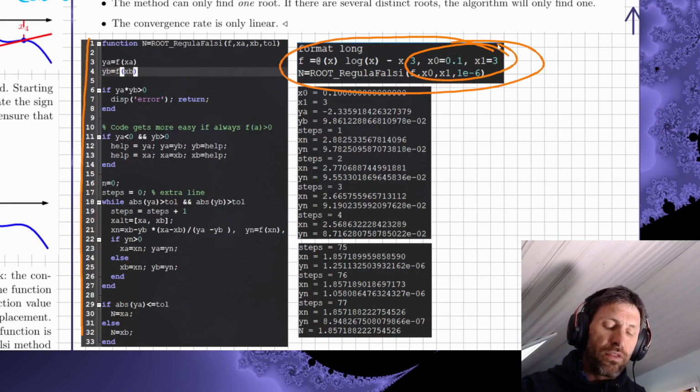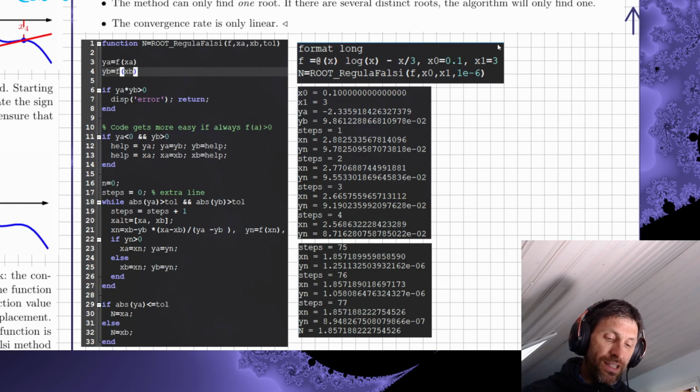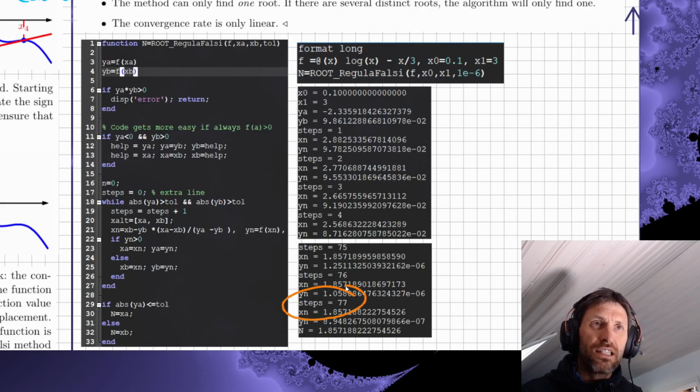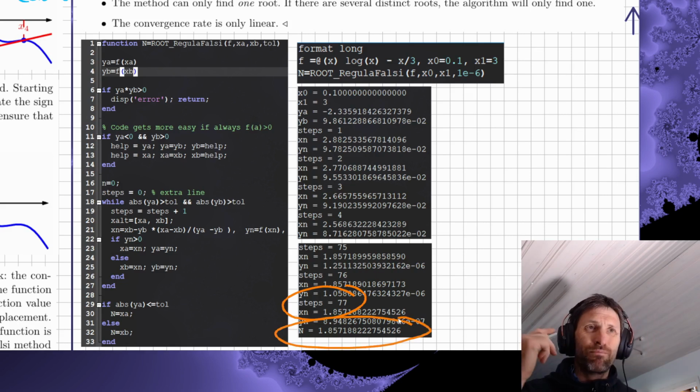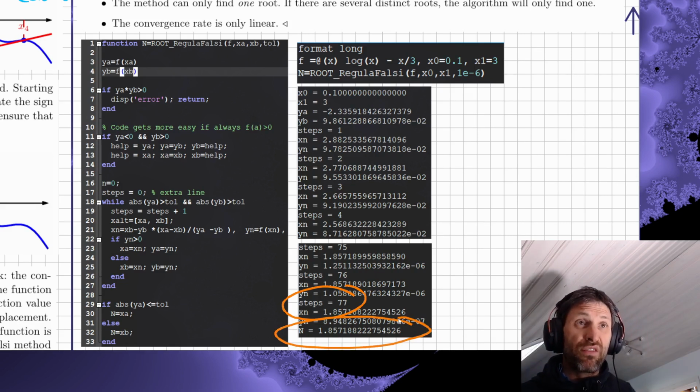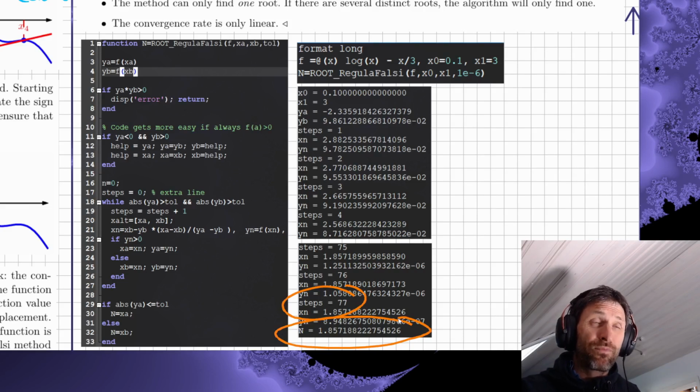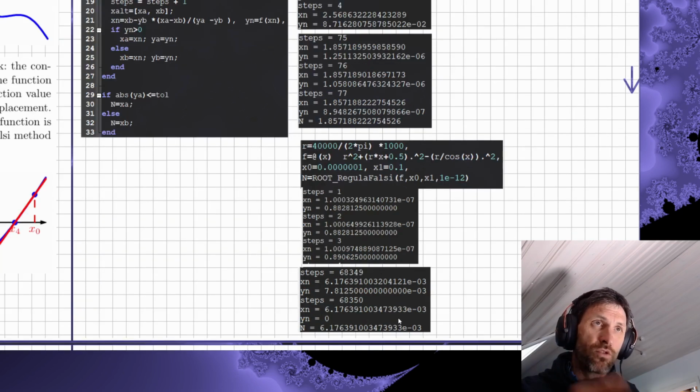So let's start with these two starting points. And in this case, convergence is slow. You need 77 steps to find this root, and this is much, much slower than the secant method is. So Regula Falsi turns out to be not the best idea, although it seems to be a very good idea.